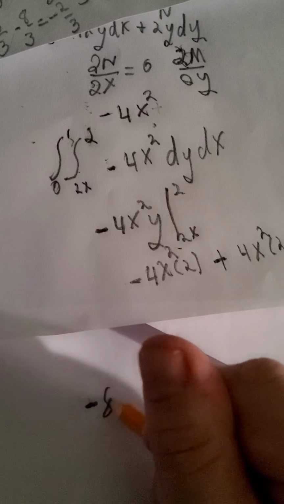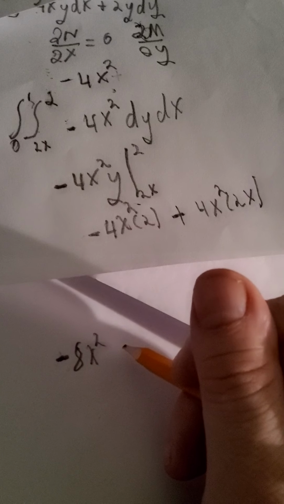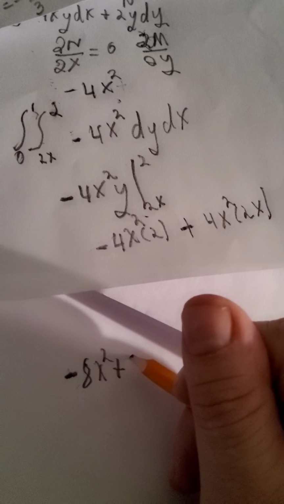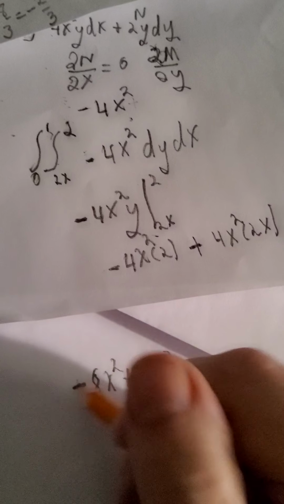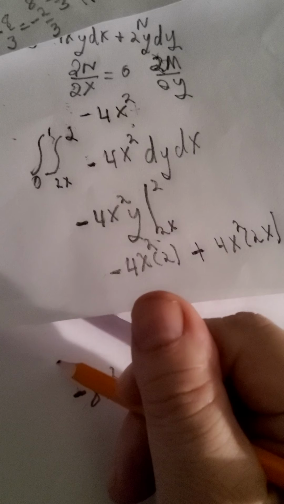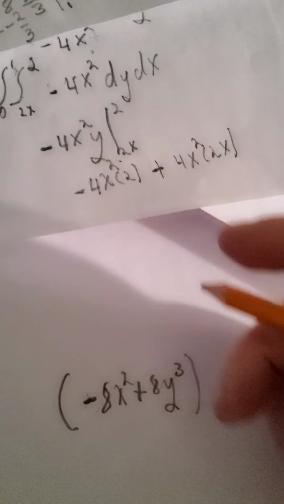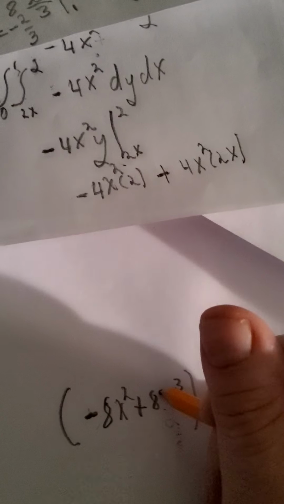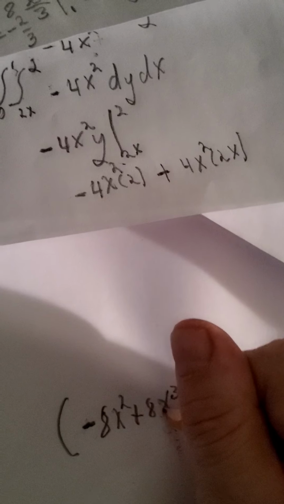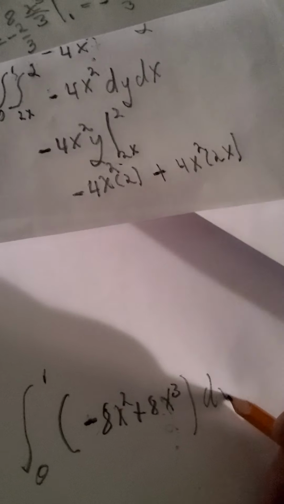So I'm going to get this function that looks like negative 8x squared plus 8x cubed. Sorry, that's not y cubed, that's x cubed. 8x cubed, and I still have to integrate that, bounded from 0 to 1, like that.